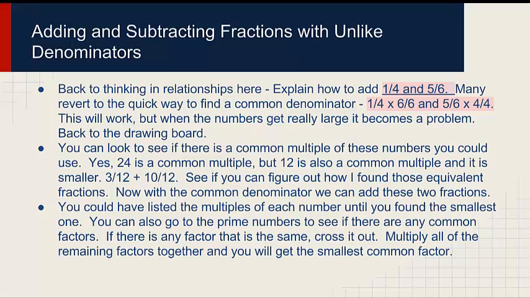So then you compare. As you do it, take the largest denominator and just multiply it by 2, then multiply it by 3, multiply it by 4, up until you get a number that has a factor for both of them.